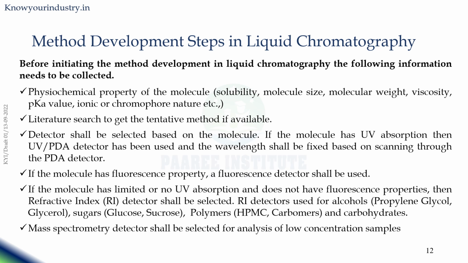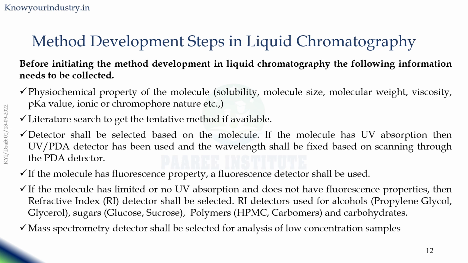So far we have seen the liquid chromatographic techniques with respect to high pressure liquid chromatography and ultra pressure liquid chromatography. Then we have seen types of liquid chromatography with respect to the mobile phase polarity, and based on the mechanism we also classified the types of liquid chromatography, like size exclusion and ion exchange.